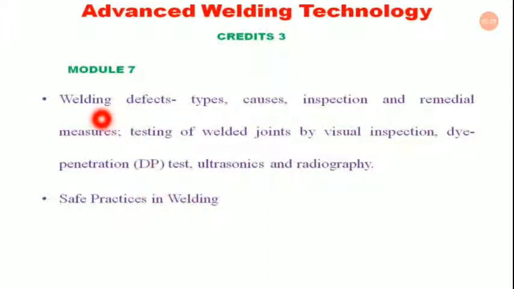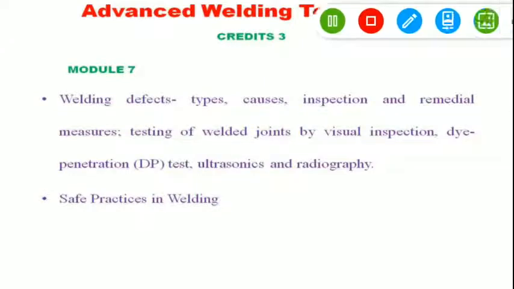Previously we completed types of welding defects, their causes, inspection and remedial measures, and testing of welded joints by visual inspection. In the last video we discussed a little bit of DP testing, ultrasonics and radiography as well. So let us begin today's class on safety practices in welding.